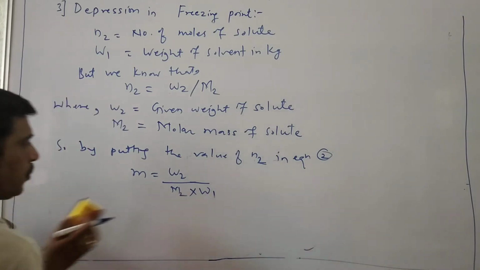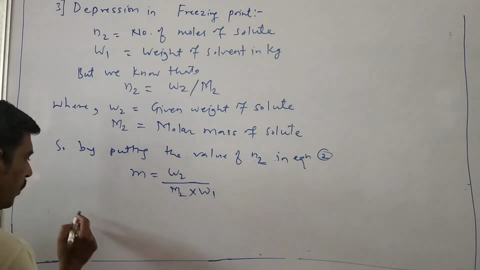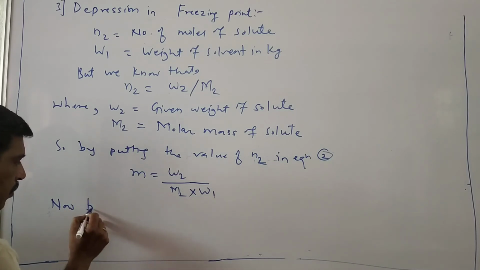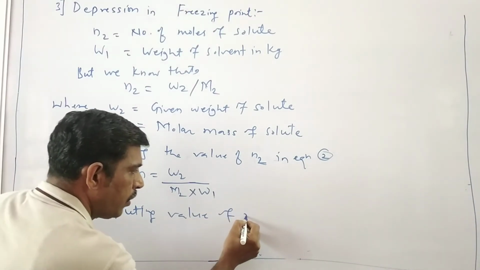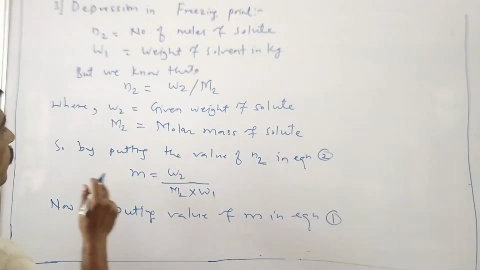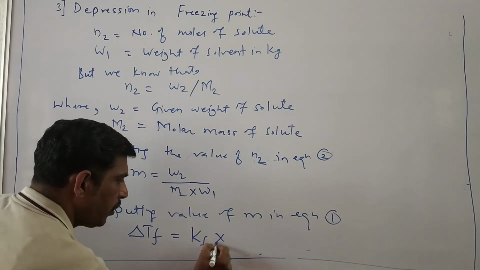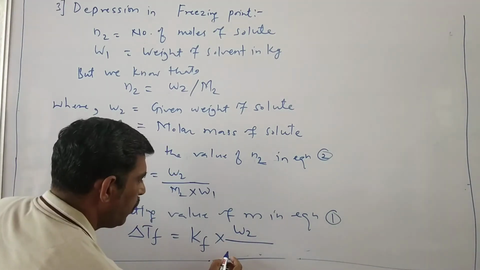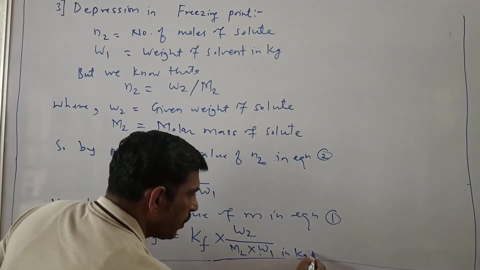So now we will put this value of m in equation 1. What is equation 1? That is delta Tf is equal to Kf into m. The value of m is W2 upon M2 into W1 in kg.